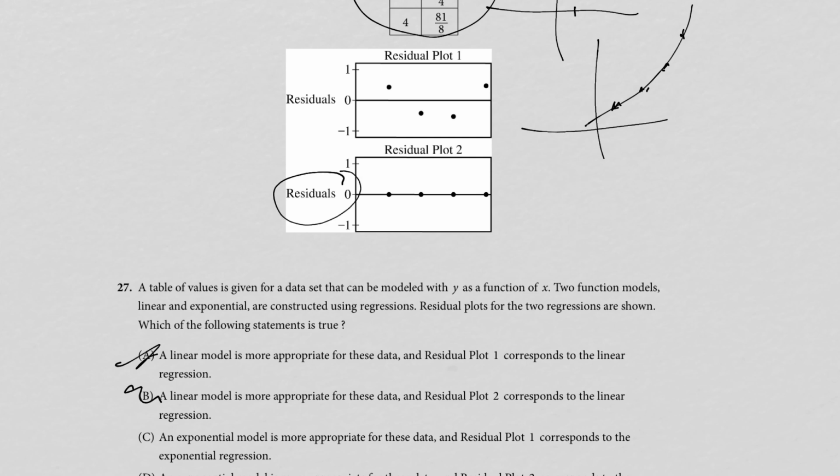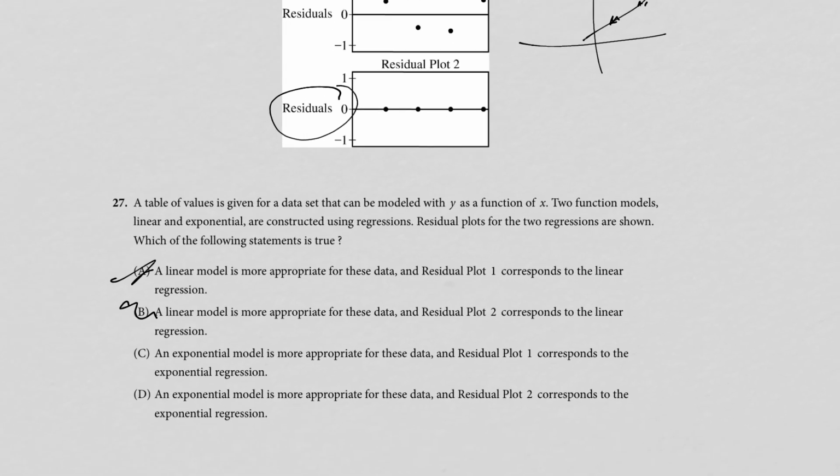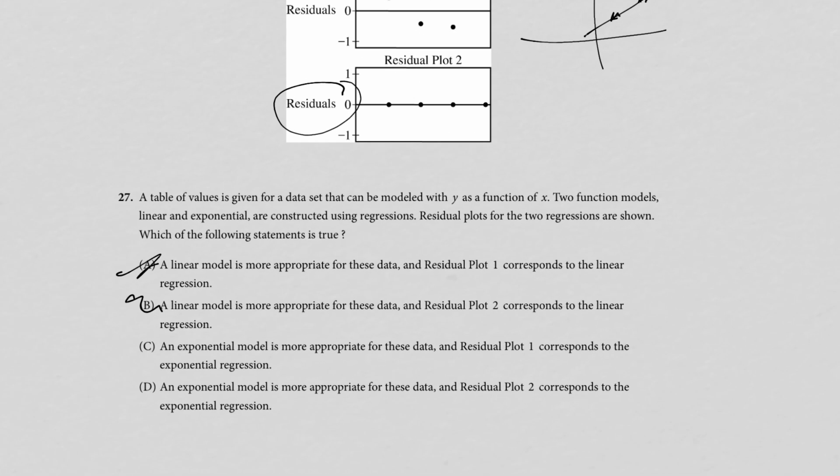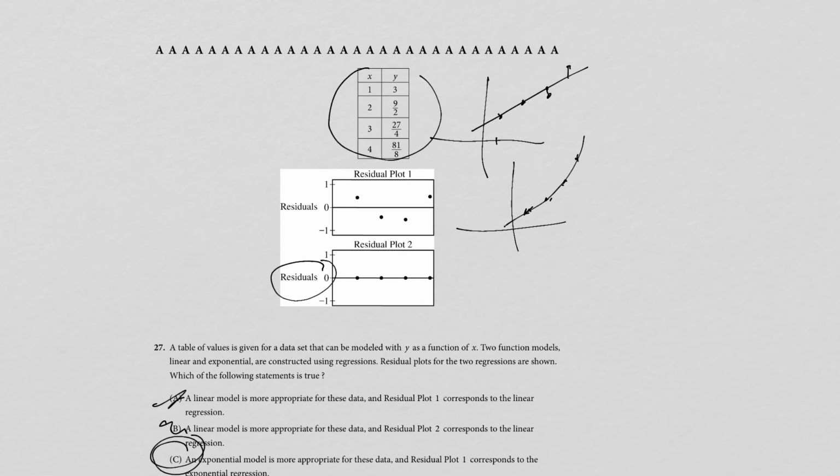Linear is more appropriate, no. So exponential is more appropriate, and residual plot 1 is the exponential one, because that's the one where these dots all fit on here, which would make the residuals all 0. Whereas if I take the same exponential data and try to fit a line in, some are below and some are above. So the distance above or below ends up becoming the distance above or below this horizontal line.